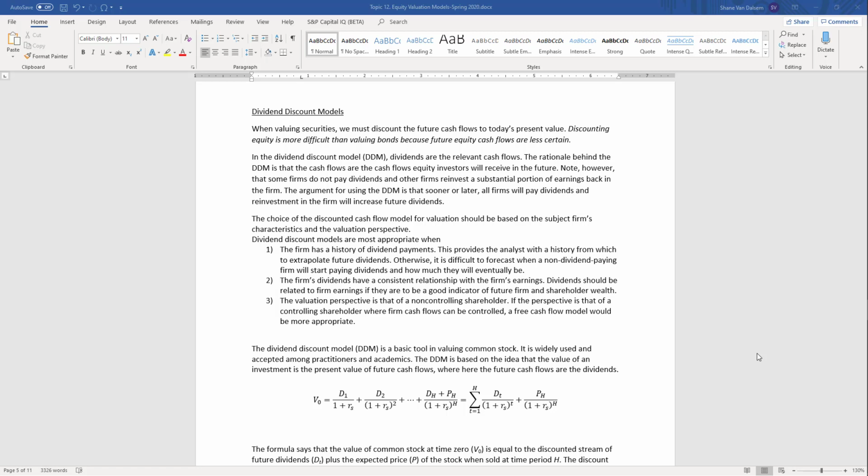So where we left off last time, I'd gone through some ratios, price to earnings primarily, and talked a little bit about price to earnings and price to book and price to cash flow ratios. And oftentimes the way those are used is to compare firms, so not necessarily for valuation, but to compare firms that are similar.